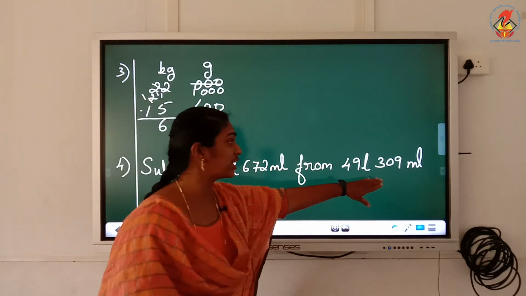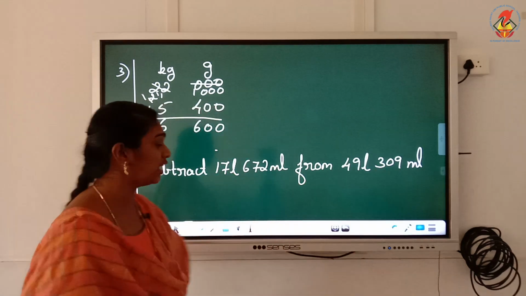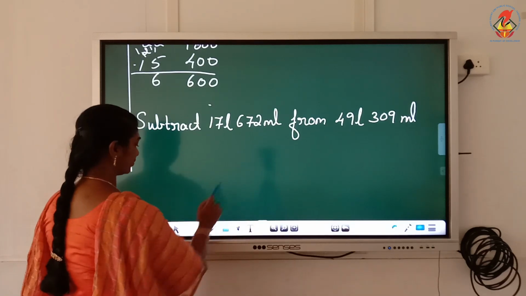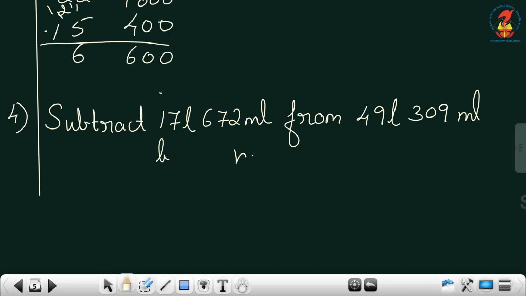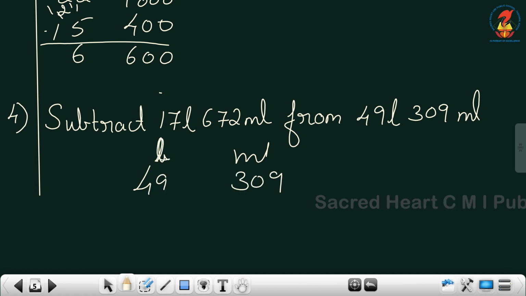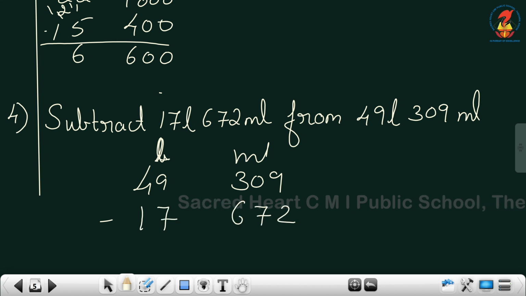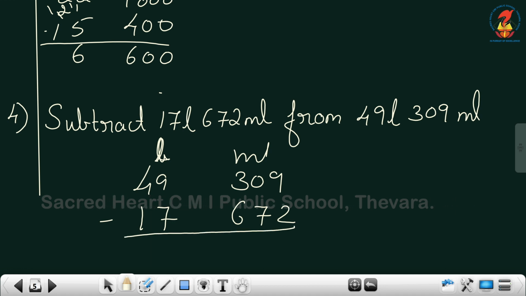So your first number is 49 liter 309 milliliter. So write down liter milliliter 49 309 minus 17 672.